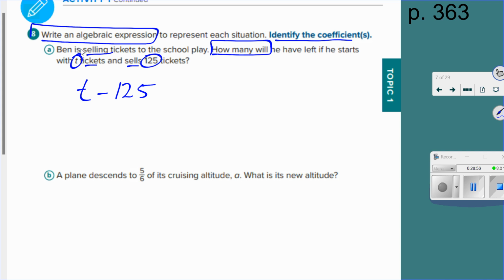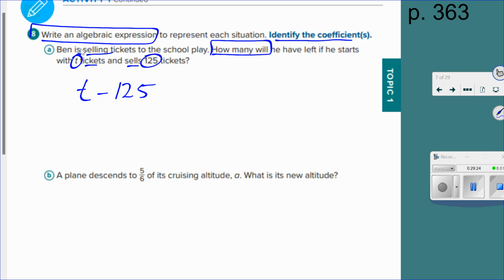Now, we also need to identify our coefficient. So, where's my variable? Because I know by definition, a coefficient is the multiplicative piece of an algebraic expression, meaning I need a number and a variable. So, focus in, where's my variable? T. What number is with my T? What's it being multiplied by? No, that's being subtracted.